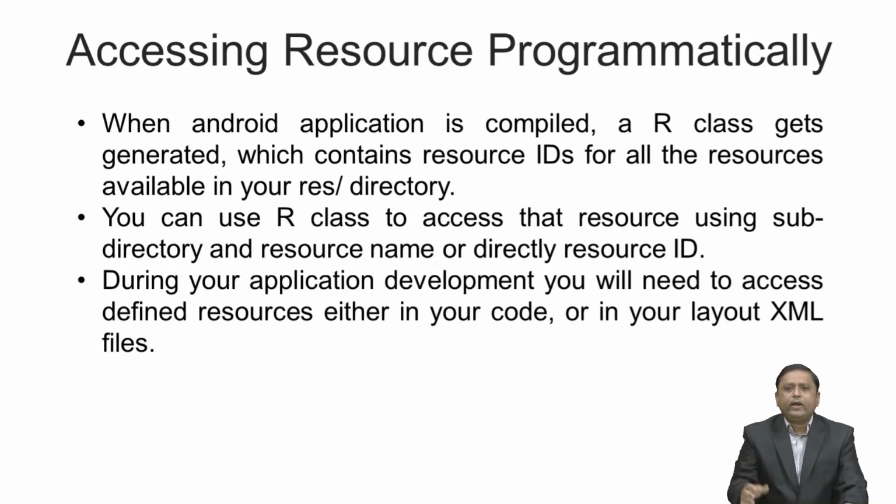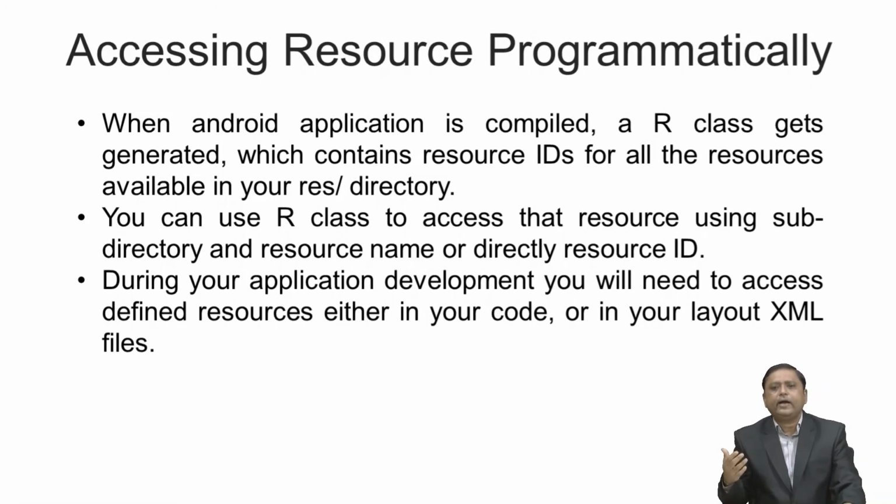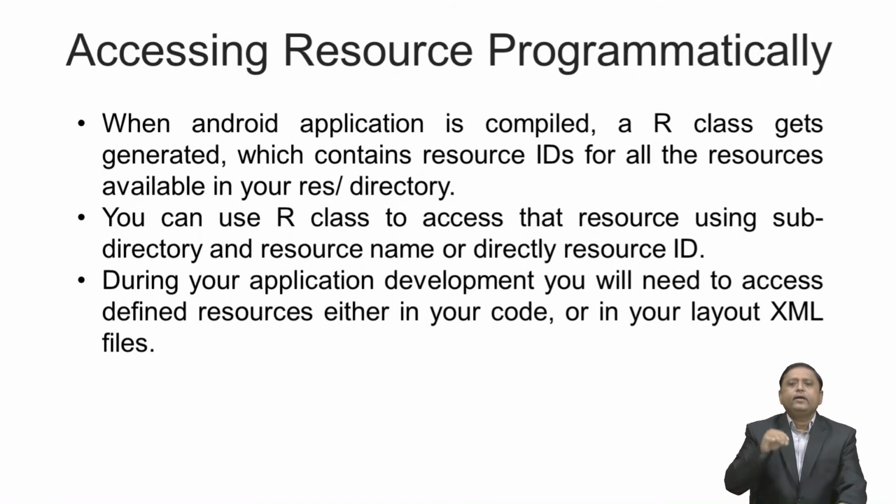When an Android application is compiled, an R class gets generated which contains resource IDs for all the resources available in your resource directory. You can use the R class to access that resource using subdirectory and resource name, or directly through resource ID.